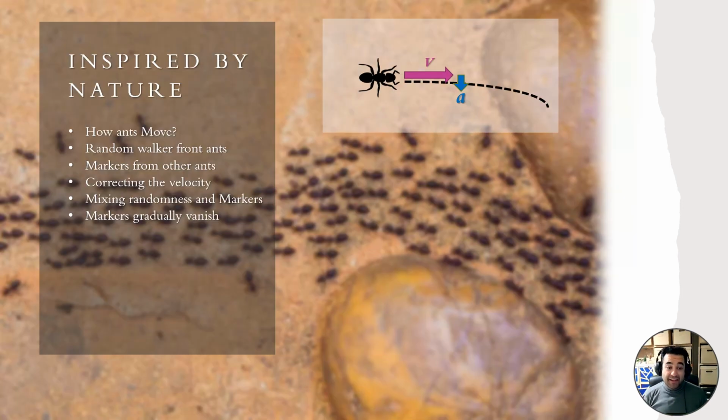Here, being inspired by nature, we can look at ants and any sort of particle that can move around. You know how ants walk. When each of them is going through a path, they leave a marker behind.